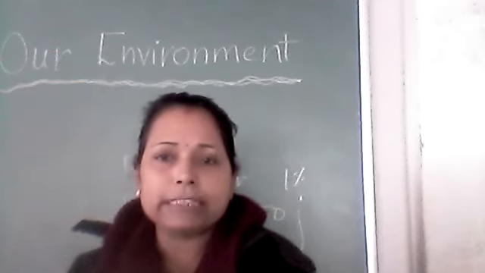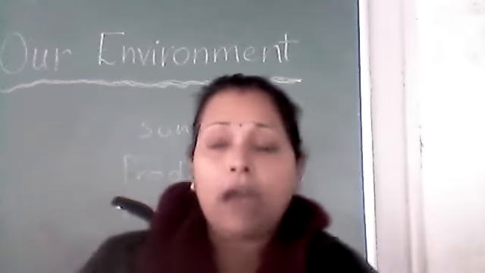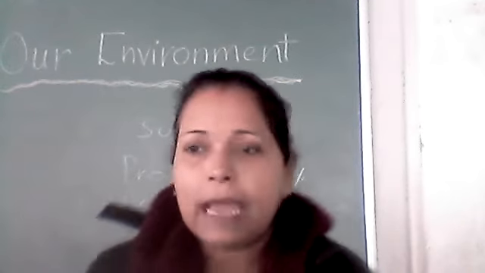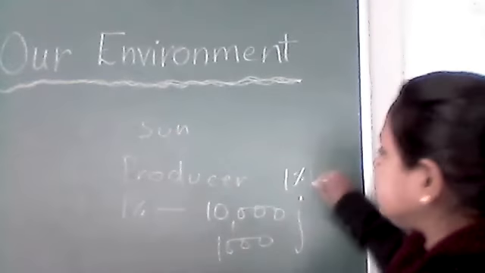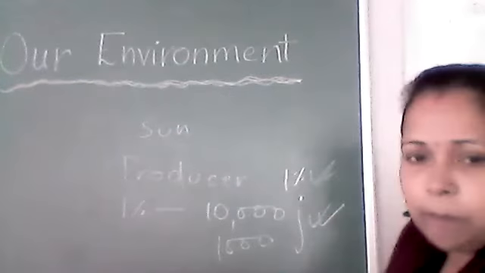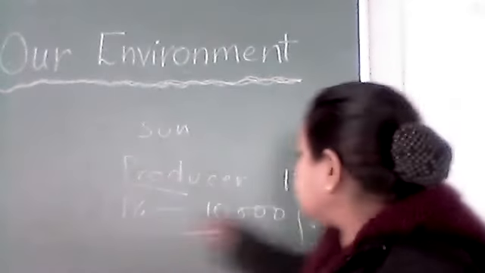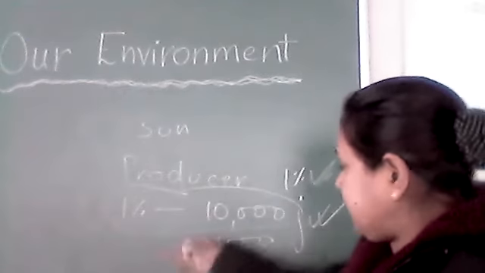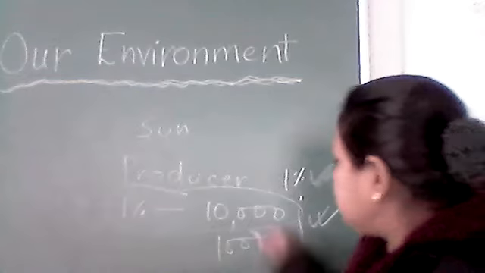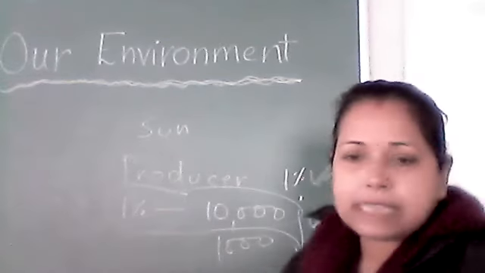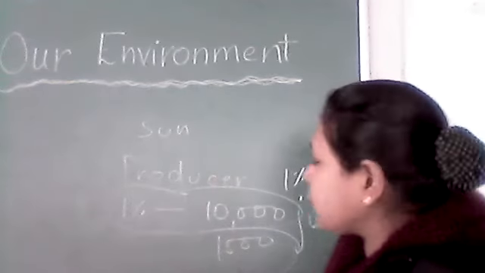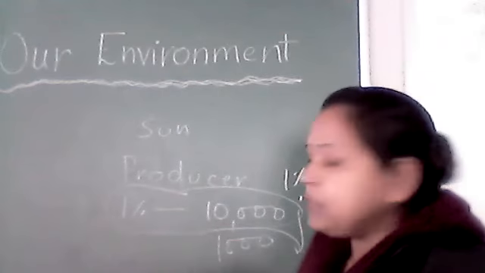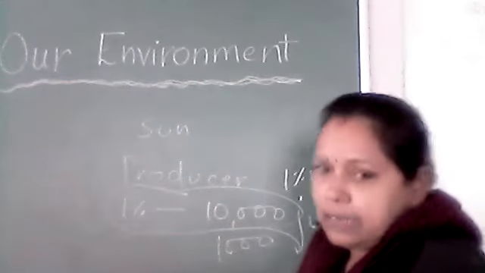Out of the total 100%, only 1% is taken by the producer, and we assume that 1% as 10,000 joule. Then in the next trophic level, 10% of this 10,000, that is 1,000, is available to the next higher trophic level. Similarly, we find out the energy available at the next trophic level.